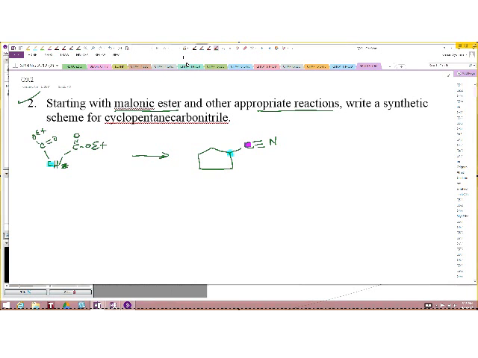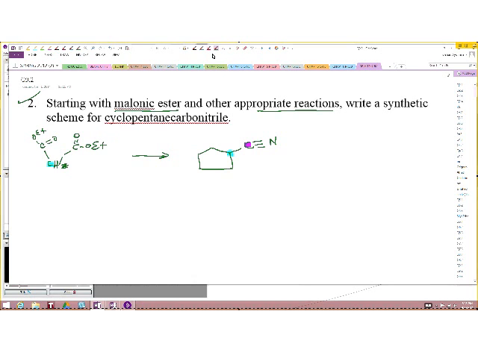First, you form the enolate. What base do you want to use for the enolate? Ethoxide, very good, because you have ethoxide in here. So if there is any transesterification, you will be getting the same ester.